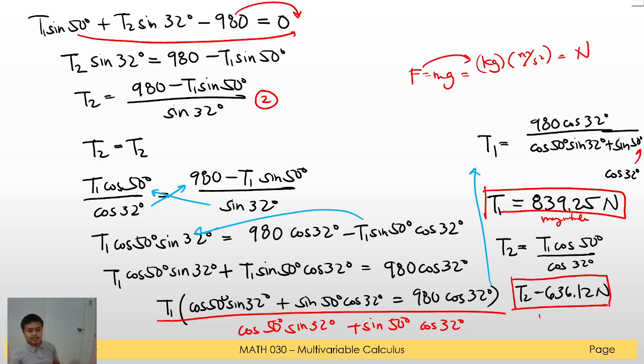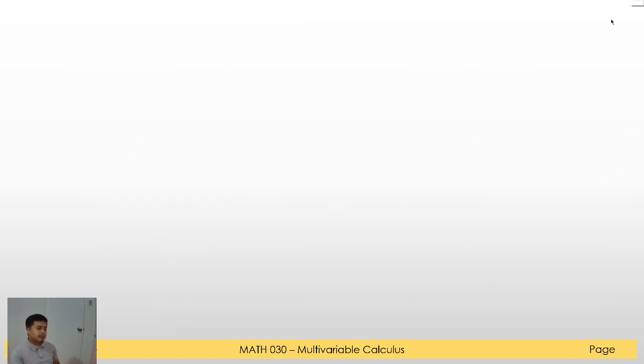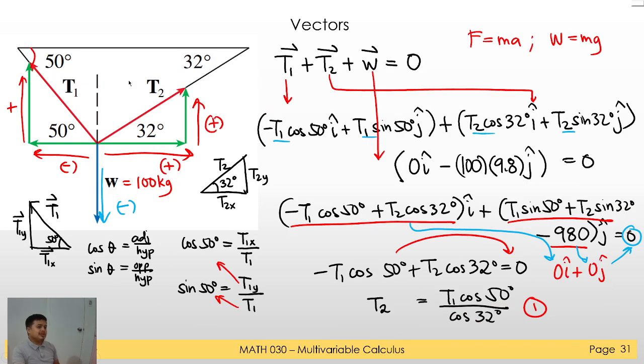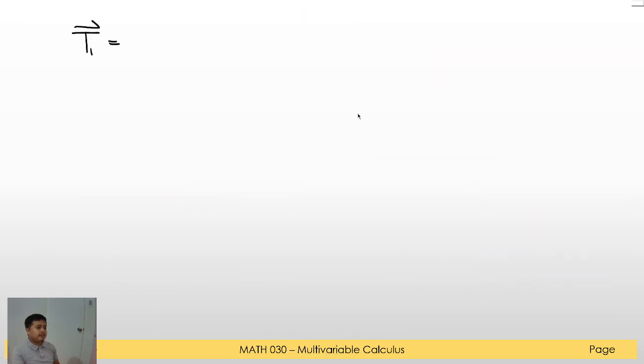This is also the magnitude. So how do we find the vector? Let's say we want to find the vector T1. We could utilize what we utilized here. The answer here is negative T1 cosine 50 I hat plus T1 sine 50 degrees J hat.